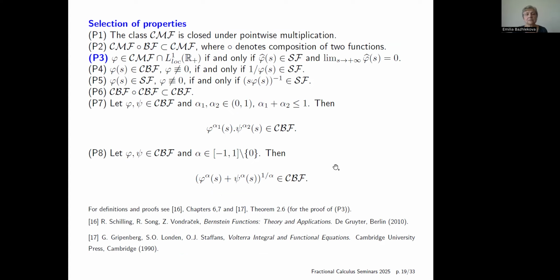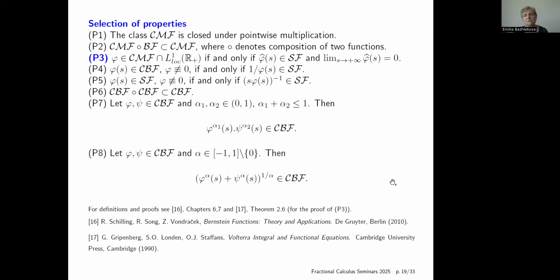of our function. The definitions and proofs of these properties can be found in the book 16, chapters 6 and 7, and property 3 is from the book of Gripenberg and co-authors. So for the proof of complete monotonicity of our function, we use the criterion given in property 3.